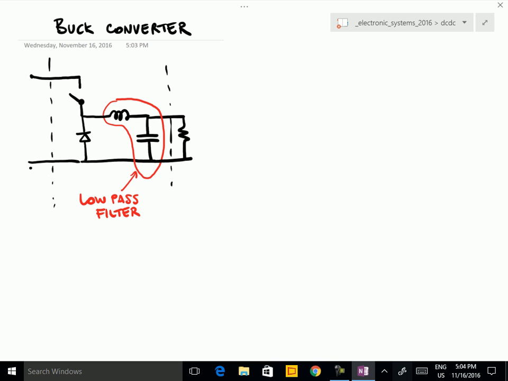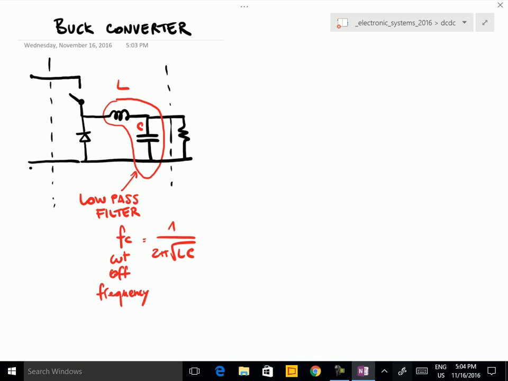And the cutoff frequency of the filter is 1 over 2 pi square root of LC.